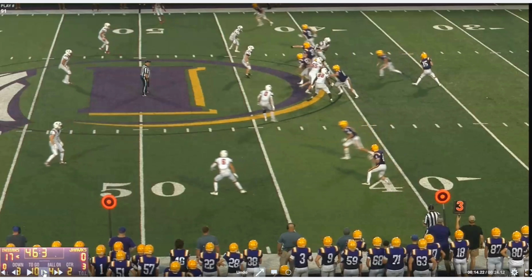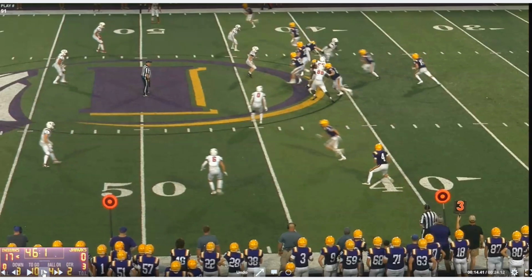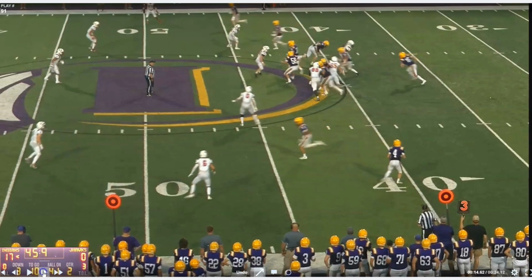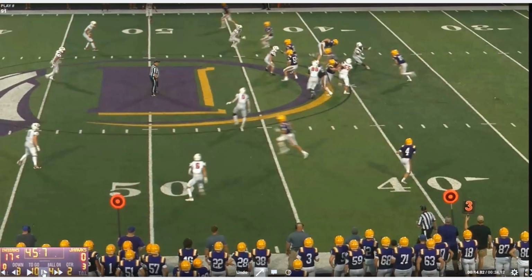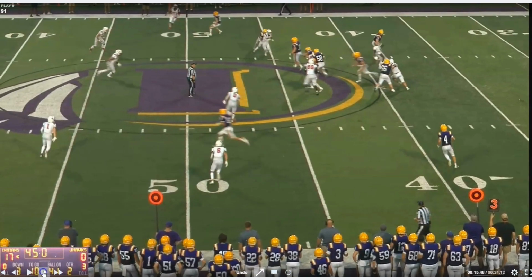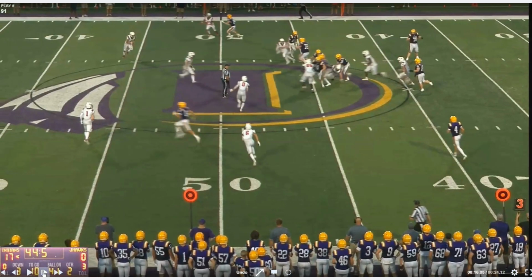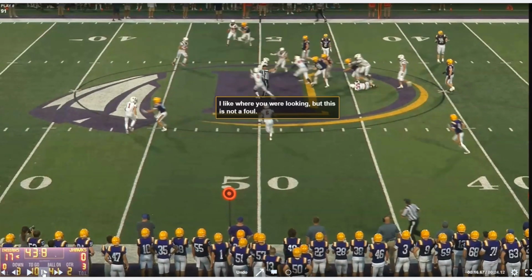So this defender, when he goes inside, that opens up the left side of his body to be blocked by the nose guard or by the center. And the center now just rides him, but he's not grabbing him, restricting him. He's just riding him. And that is not an offensive hold. There's no grab and restrict. Okay, I like where you're looking, but that's not a foul.